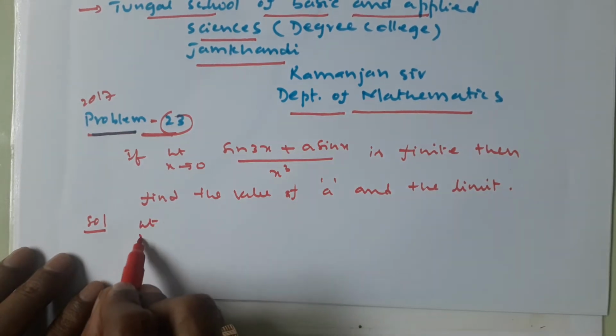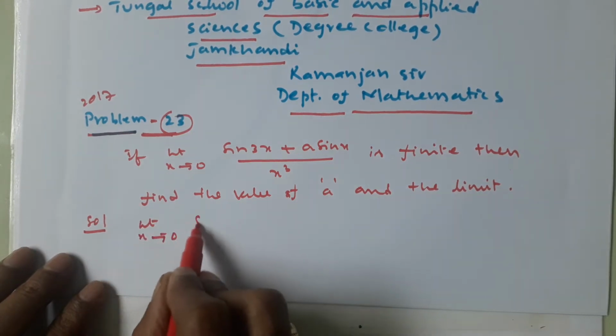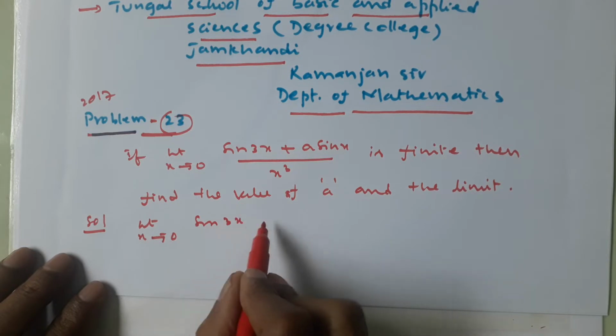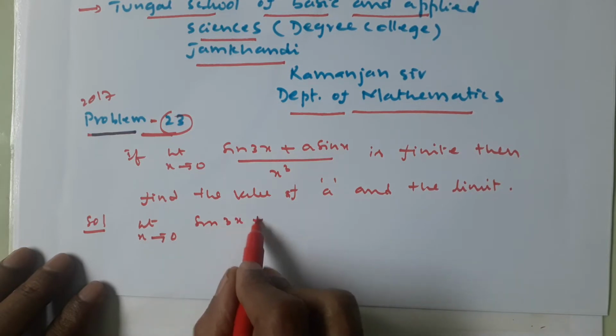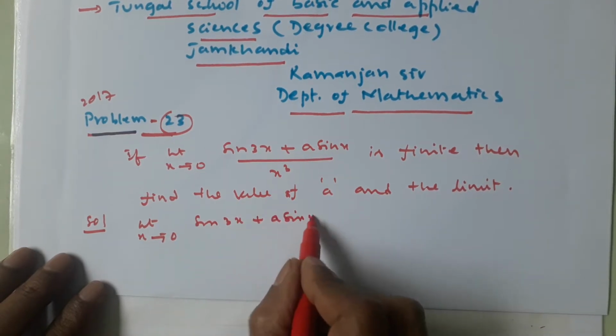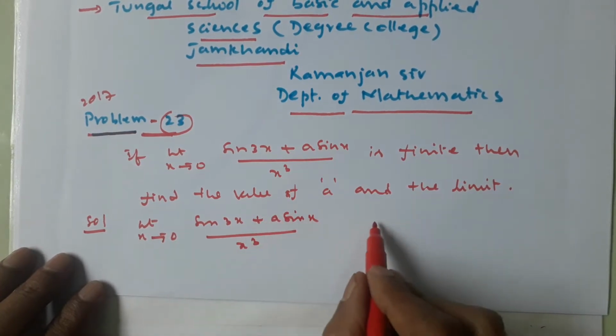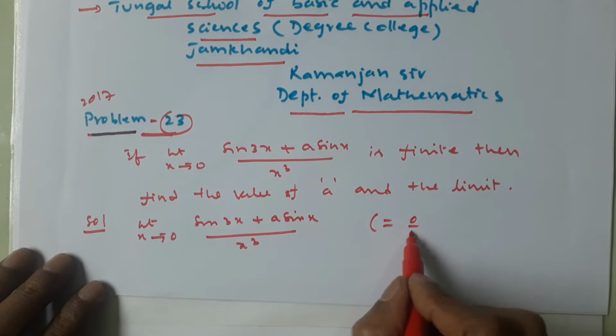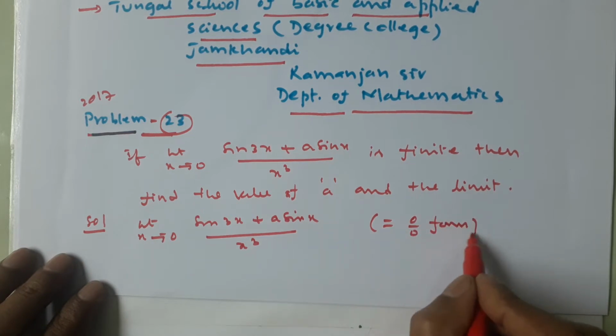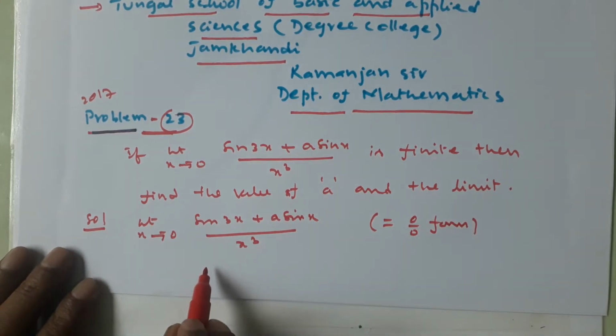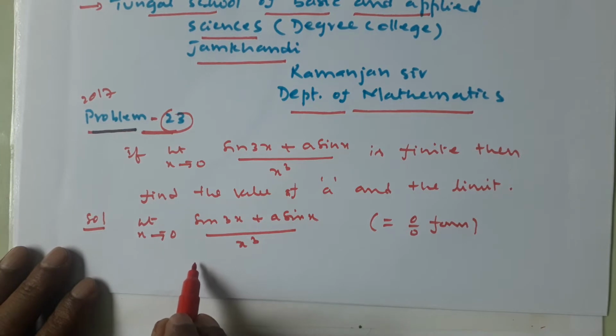Limit as x tends to 0 of (sin 3x plus a sin x) divided by x cube is of 0 by 0 form. So apply L'Hospital.